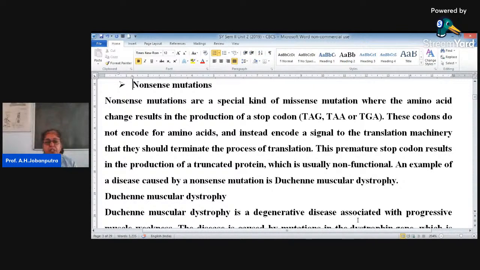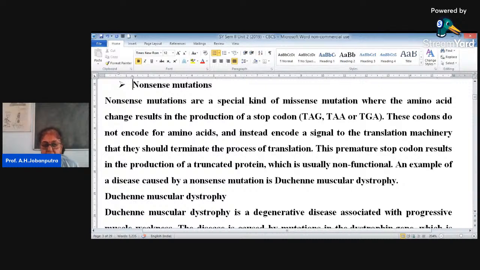नॉनसेन्स म्युटेशन्स कोणते असतात? Nonsense mutations are those kind of mutations in which अमायनो ॲसिड मध्ये काही चेंज झालं तर, मी तुम्हाला बोर्डवर त्या दिवशी दाखवलेलं होतं की एखादा सेन्स कोडॉनच्या जागेवरती नॉनसेन्स कोडॉन जर म्युटेशनने तयार झाला तर ते प्रोटीन सिंथेसिसची प्रोसेस तिथेच थांबून जाते.